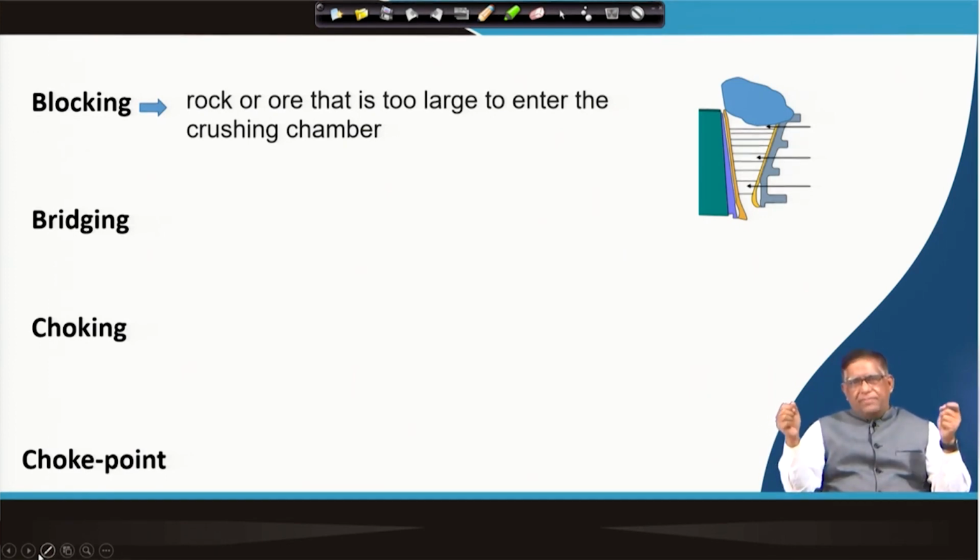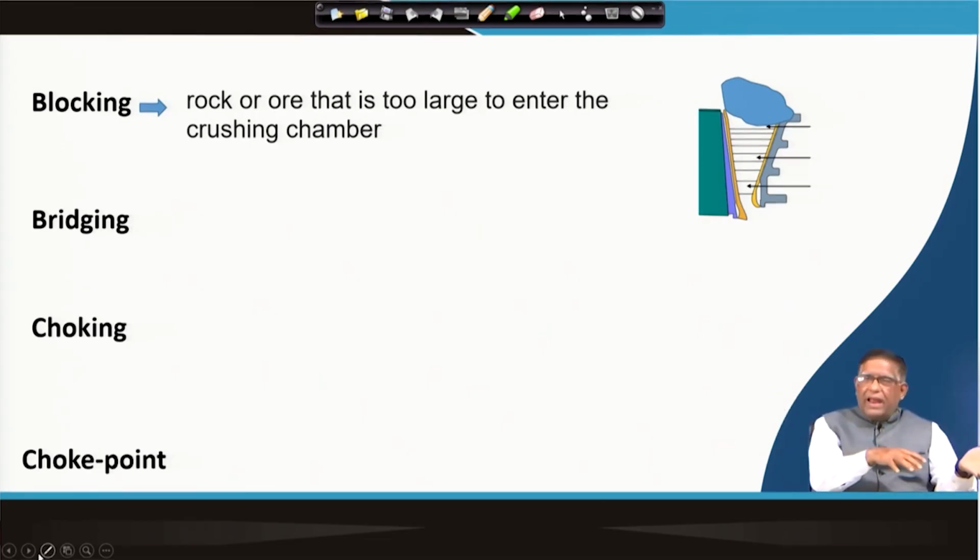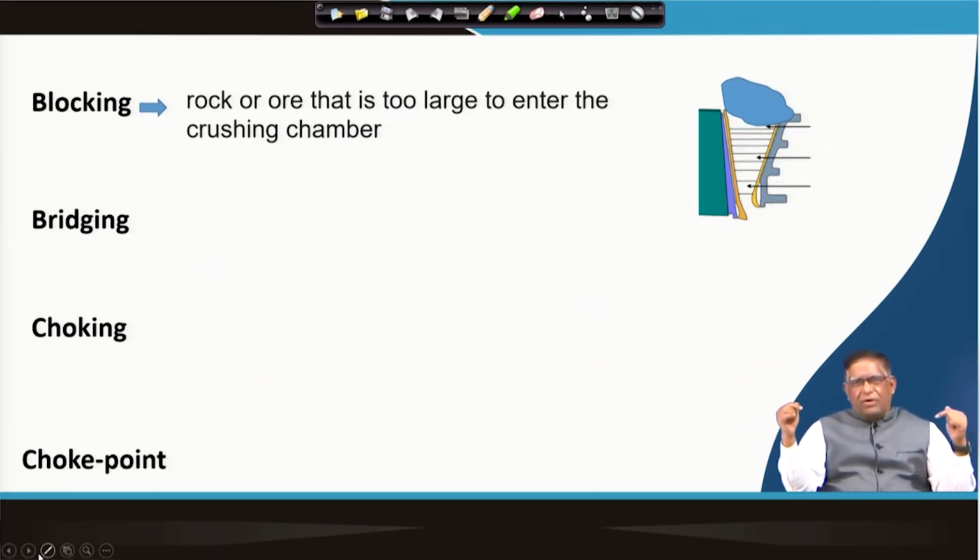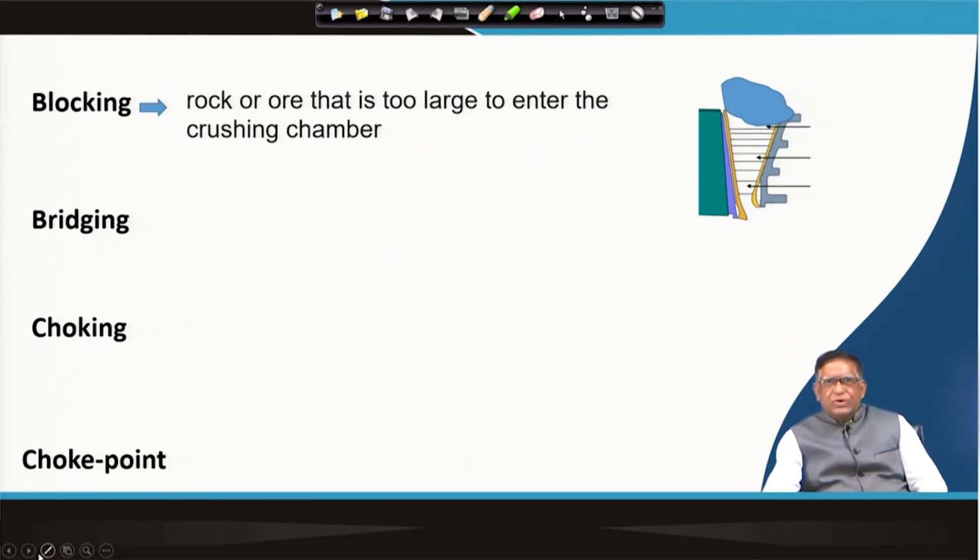If you go to any iron ore mines, you may see that when the material is being dumped to the crushing plant, to break this oversized material down on the grizzly itself, there will be a hydraulic rock breaker. They will have a rock breaker with impact and hammering action, they will break this oversize so that it becomes smaller and comes through.